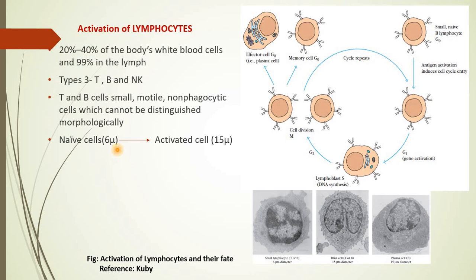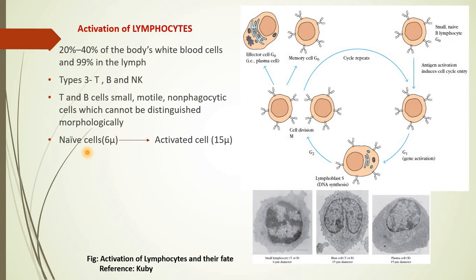Once these naive cells come into circulation, and if by chance they get acquainted with some foreign particles or antigen, then the naive cells get activated into the mature cell. And during maturation, they attain a size of around 15 micron in diameter. Now let us see how this happens.